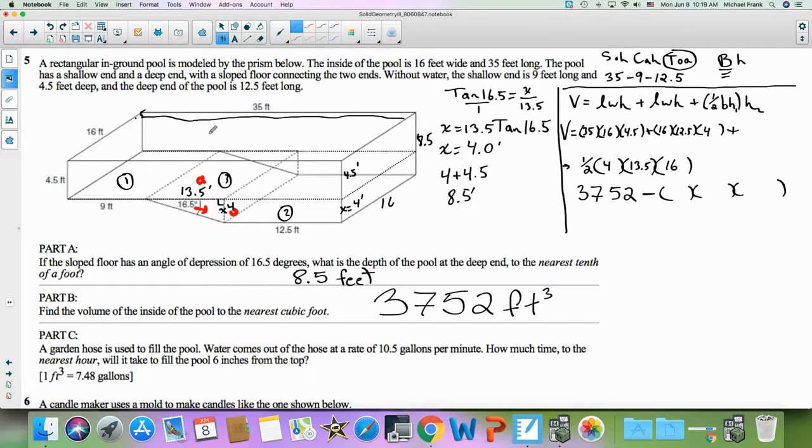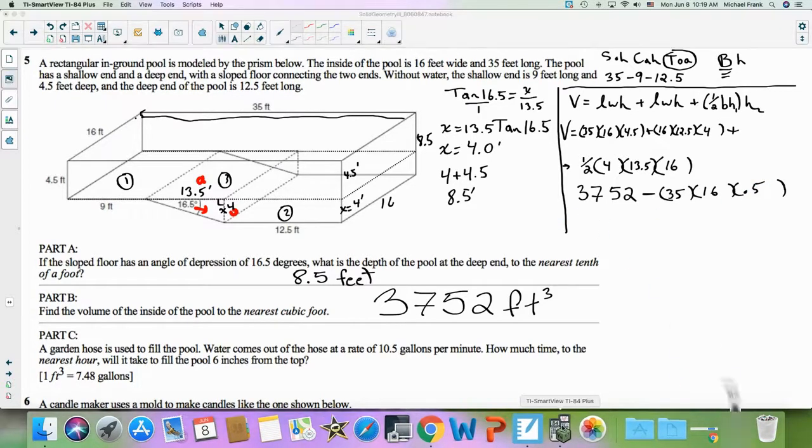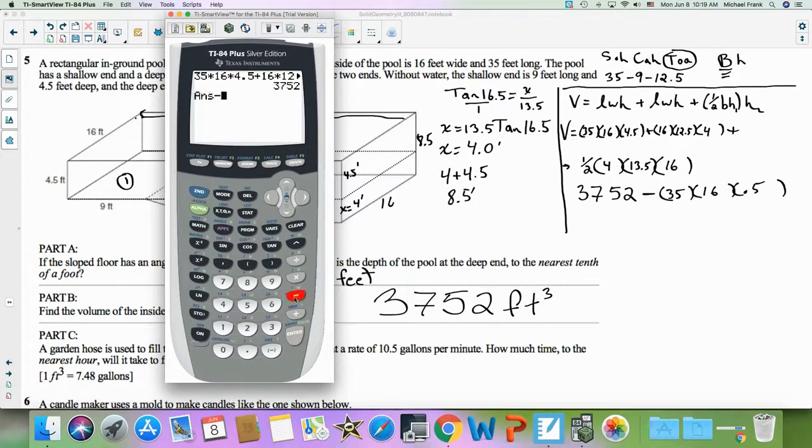And that part that we're not filling is going to be 35 feet long, 16 feet wide, but a half a foot deep. And so when we get that with our, already have that number, I could just subtract out 35 times 16 times that half a foot. And that gives us our new number, which is 3472.